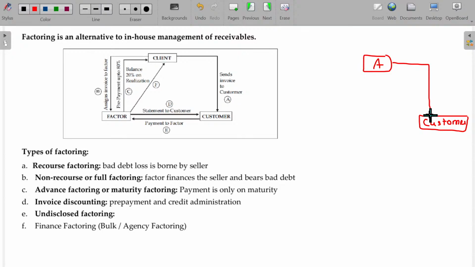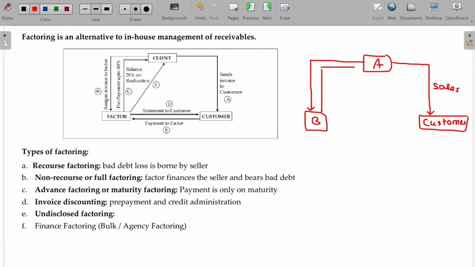A sells the goods to the customer, right? But he will not wait for the money to be collected. Immediately, B, to whom the invoice is sent, is told: sir, I have made so much sales, pay me the money.